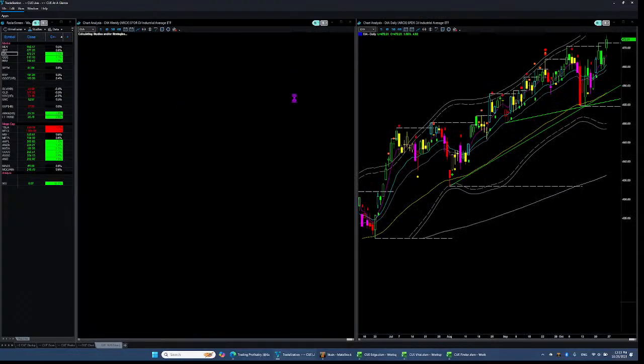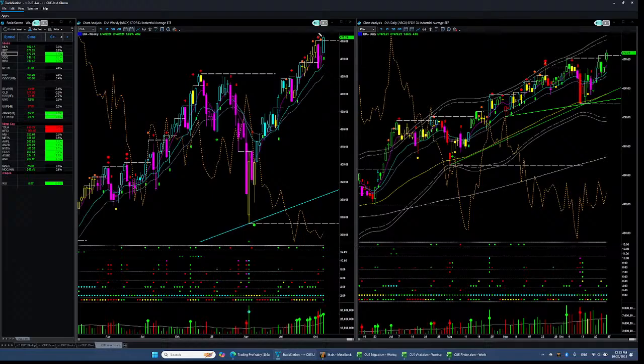Dia, new all-time high in weekly and daily both. Daily does not have a bearish indecision. Therefore, Dia is slightly better looking at weekly daily than SPY QQQ, but all are bullish.